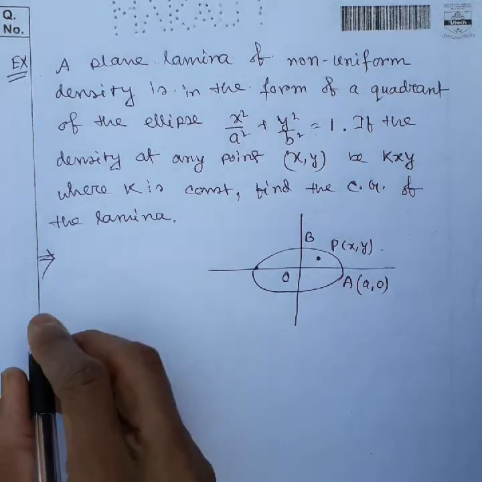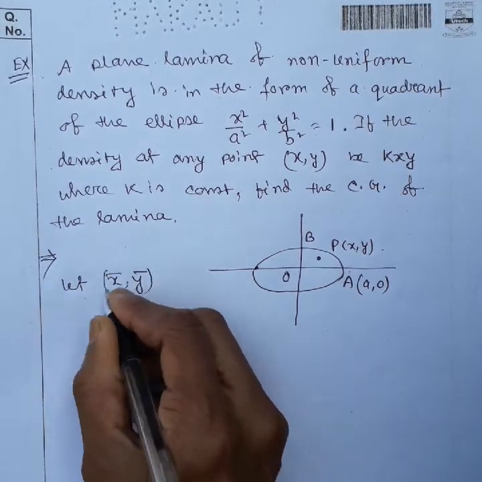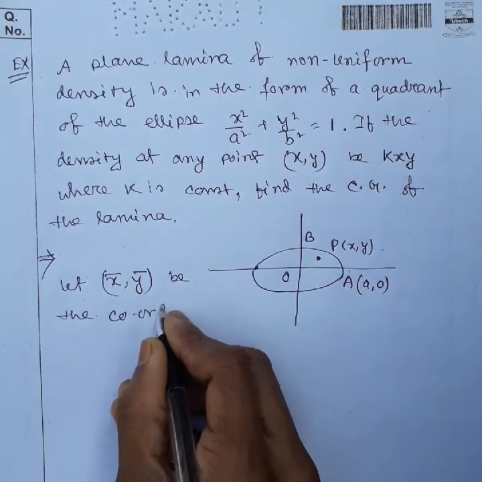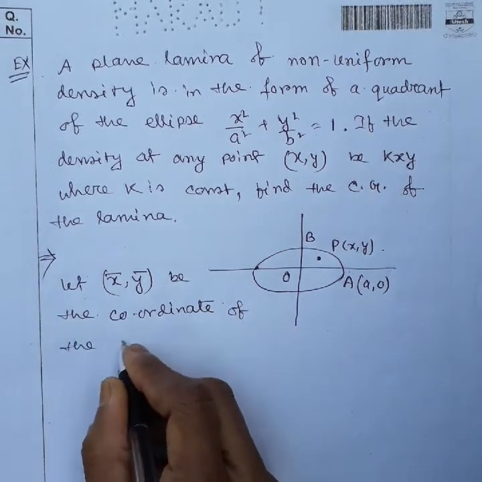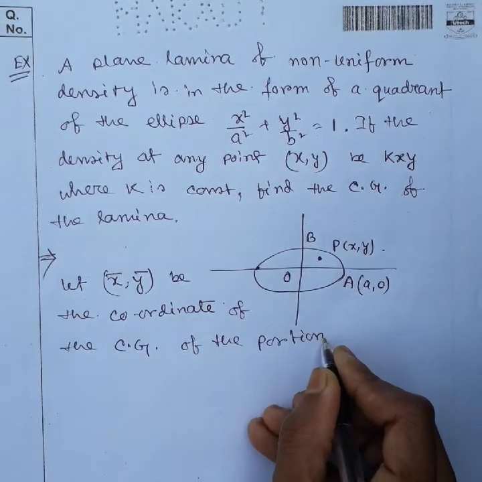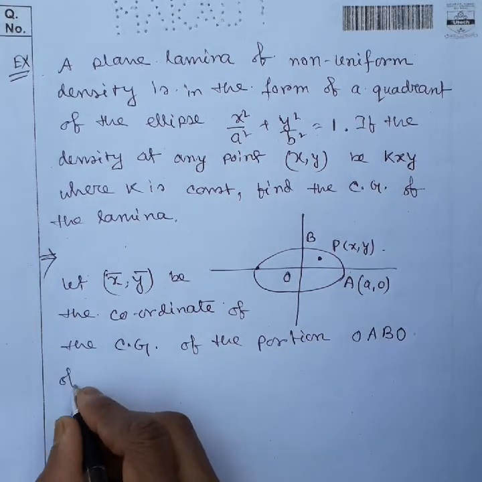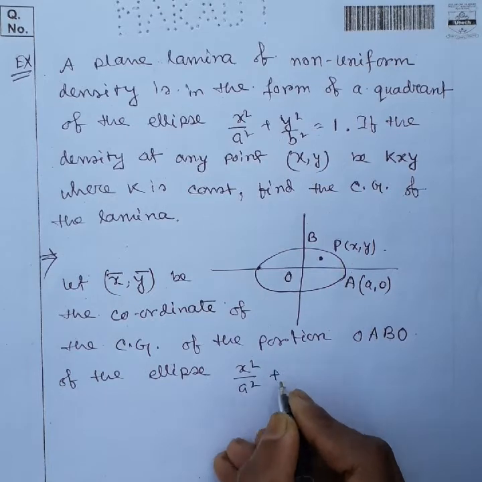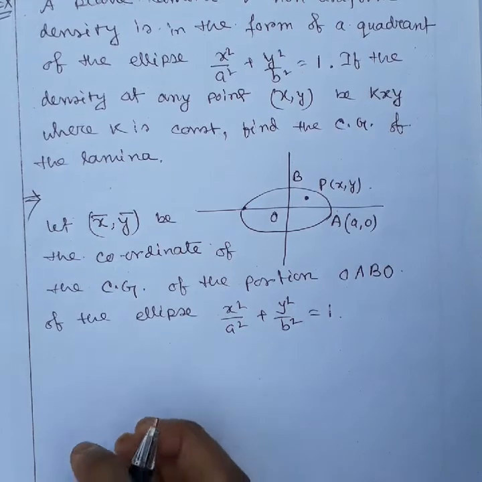Now here let x bar, y bar be the coordinates of the center of gravity of the portion OABO of the ellipse x square by a square plus y square by b square equals 1.